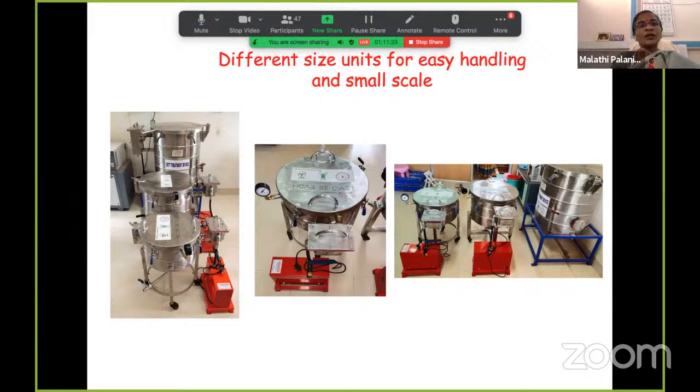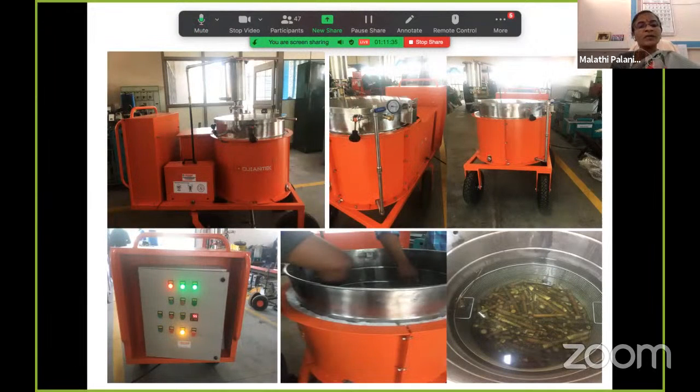And then in continuation, we have upgraded this set treatment device for hot water treatment. We have fabricated a new unit and validated it for treating the sets. The idea of this development is for varietal regeneration, because every year we have to regenerate our clones under field conditions.